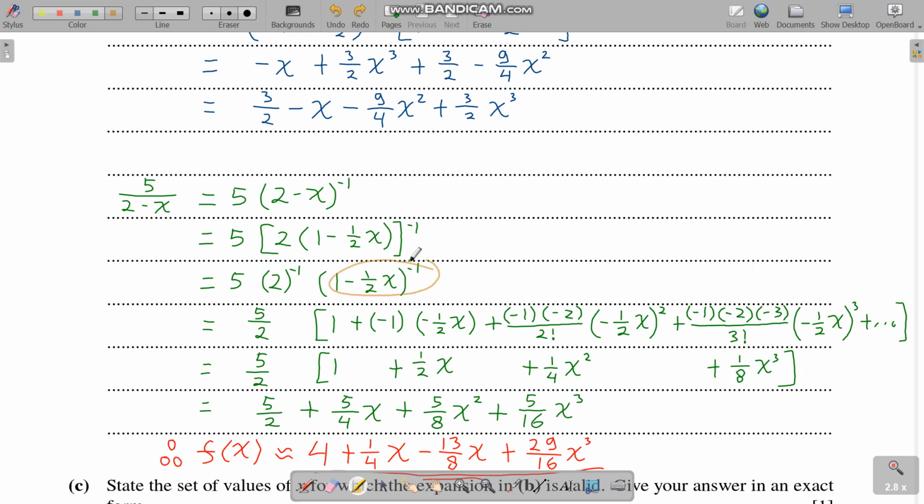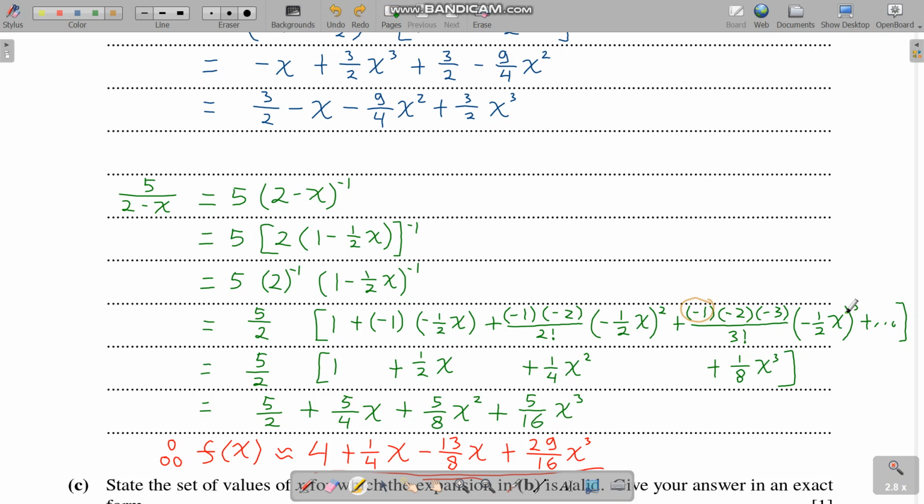Now we use the binomial expansion MF19 formula. The n is minus 1, the x is minus 1/2 x. The minus is included. So this is n, this is the x, this is n minus 1, this is x squared, n minus 1, n minus 2, x cubed.